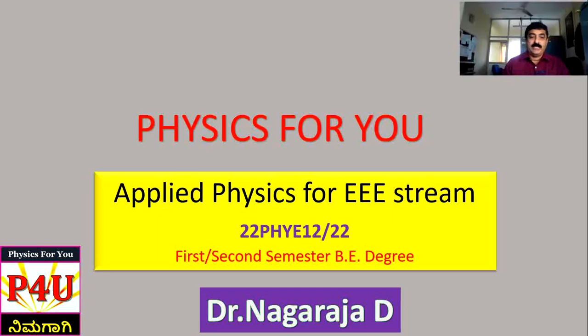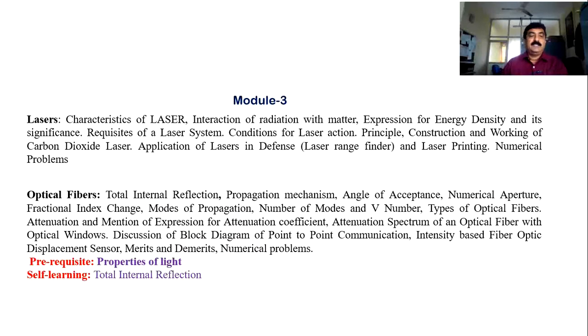Please go through it. Let us start with the third module, which is about lasers and optical fibers. The syllabus goes like this. We have two parts here: lasers. In laser, characteristics of laser, Einstein's theory, that is expression for energy density, construction and working of carbon dioxide laser, and two applications: laser range finder and laser printer.